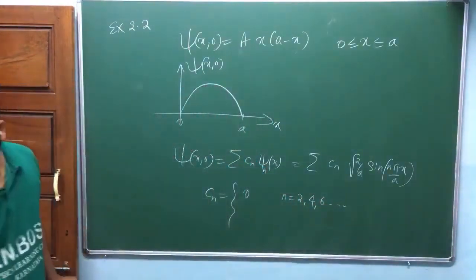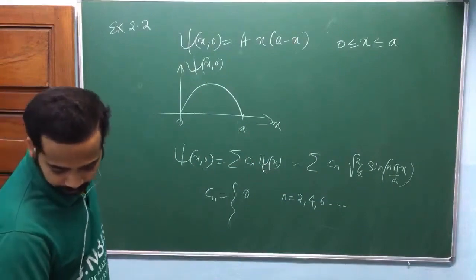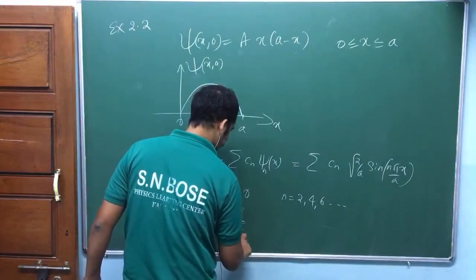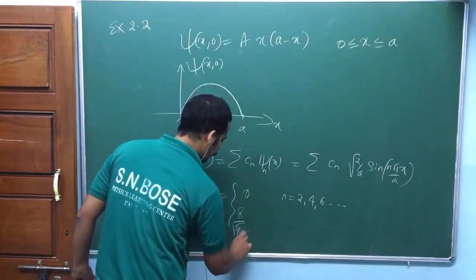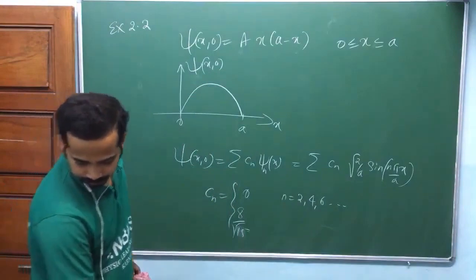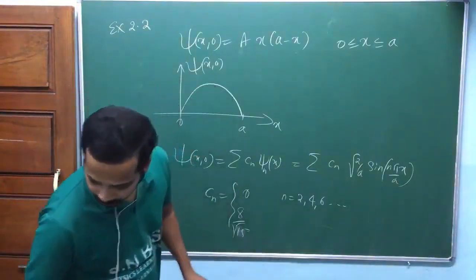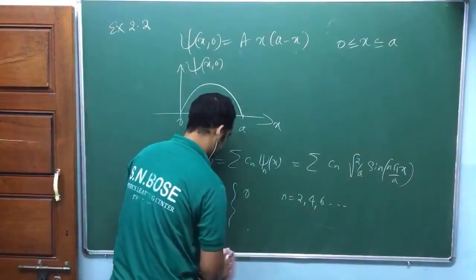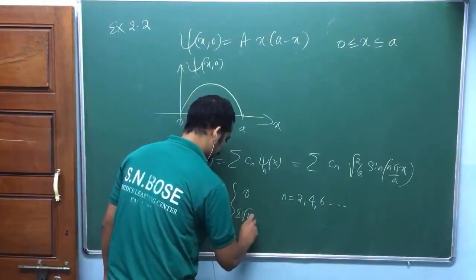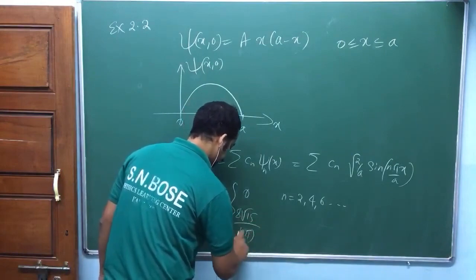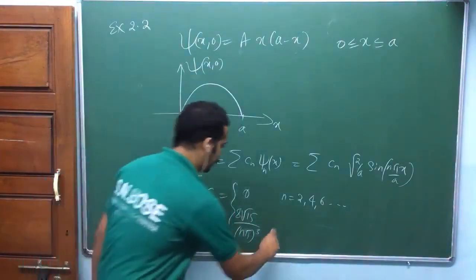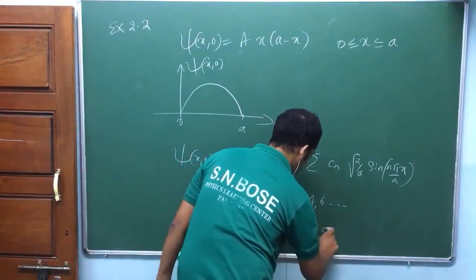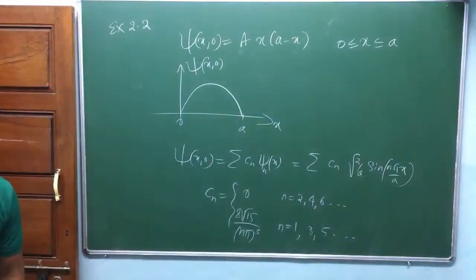That's equal to 8 root 15 by n pi cube, sorry, when n is equal to 1, 3, 5 and so on. Is that okay? Take that out.